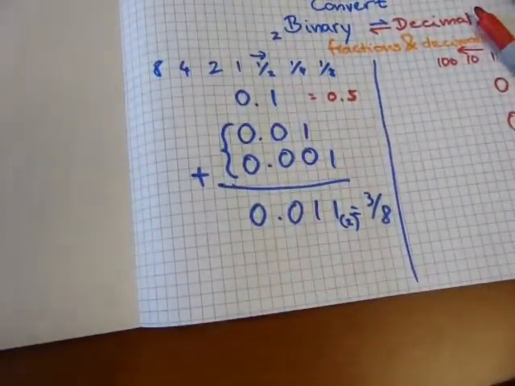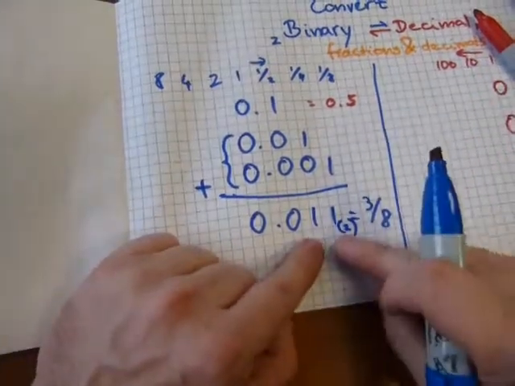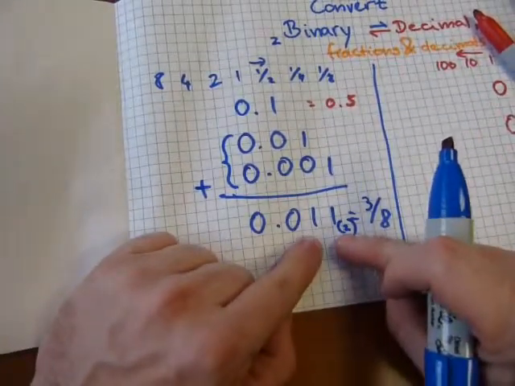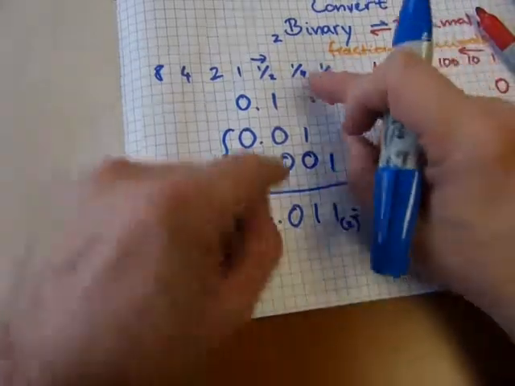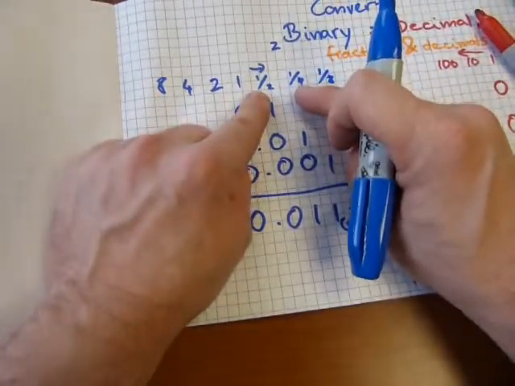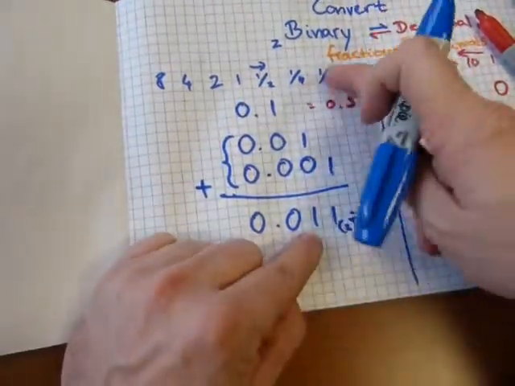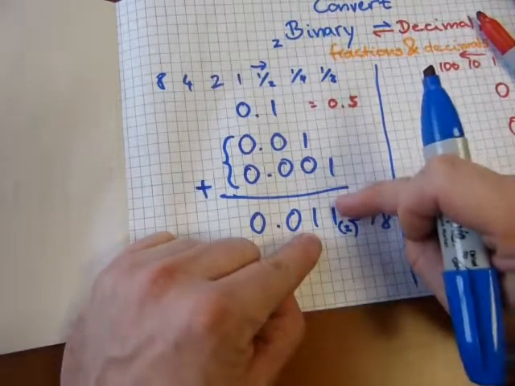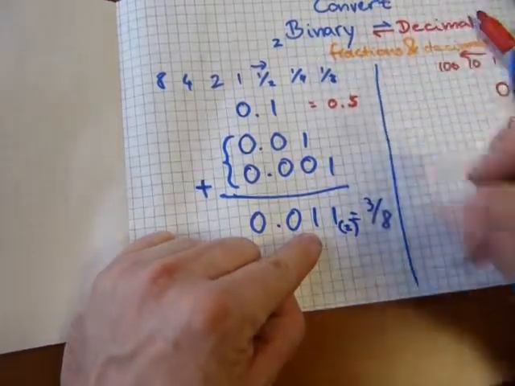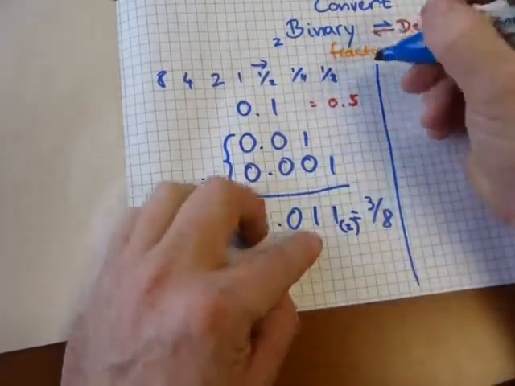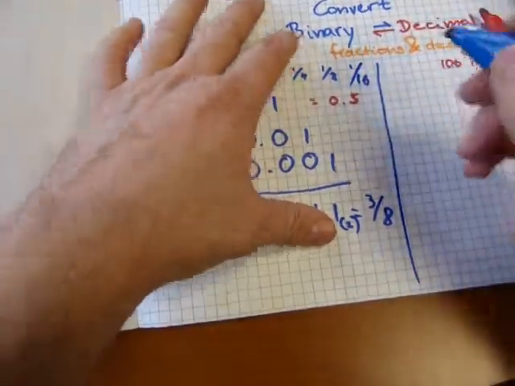In the binary system, if you want a number that is between a half and a quarter, you can add one more digit in the eighths column like this, or one more in the 16ths column. That's the next one here.